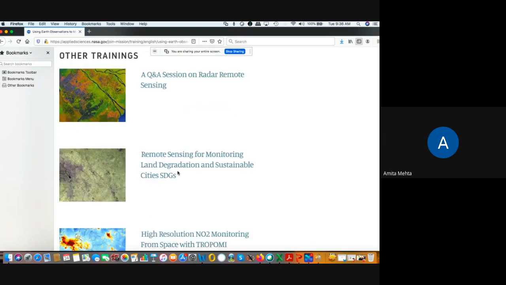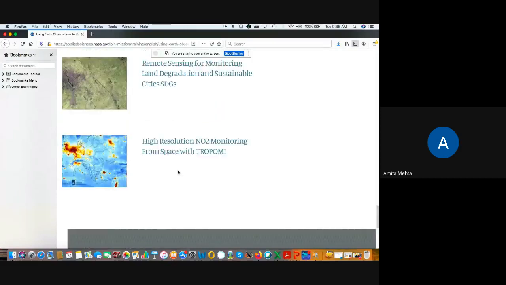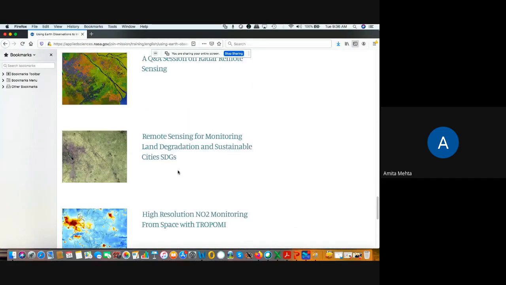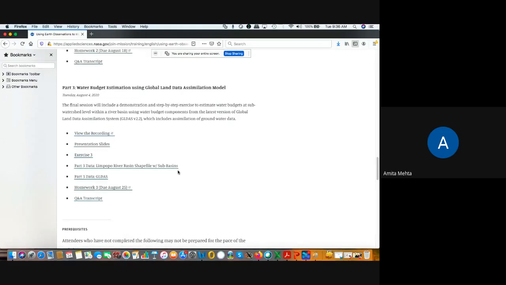Now in some advanced trainings, some Python codes are provided, or Jupyter Notebook is sometimes used also. And more Google Earth Engine based trainings are planned so that people don't have to download data, they can do online analysis.